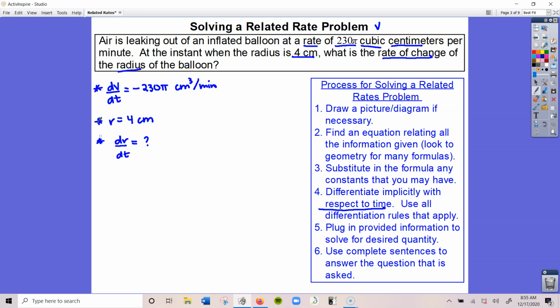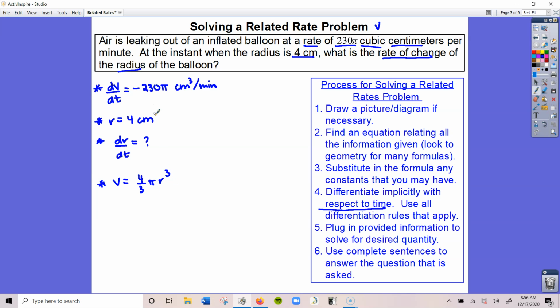So once you look at all of this given information, notice that if we're given the rate of change of volume, that means that I would need my volume equation, which is the volume of a sphere. And the volume of a sphere, because a balloon is a sphere, would be 4/3 π r³.